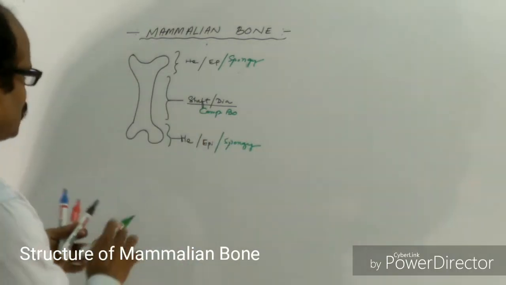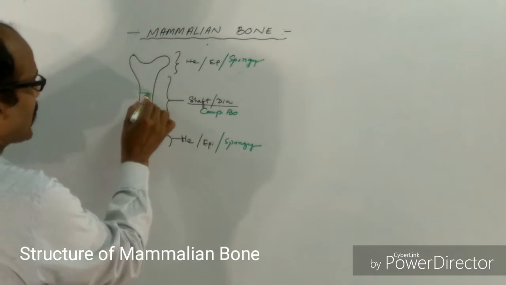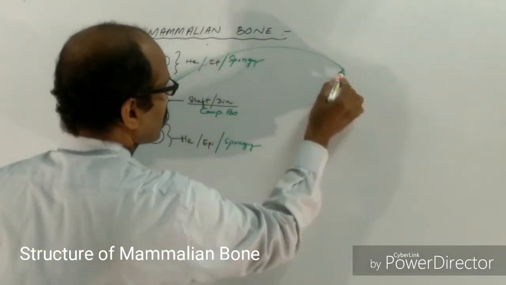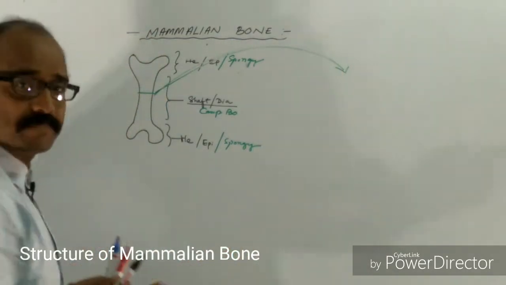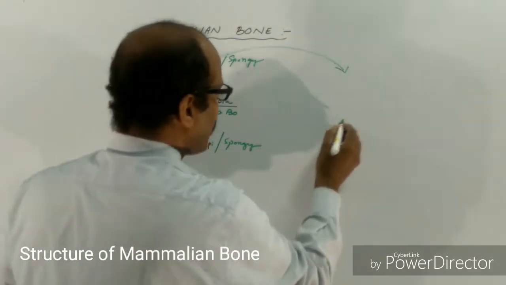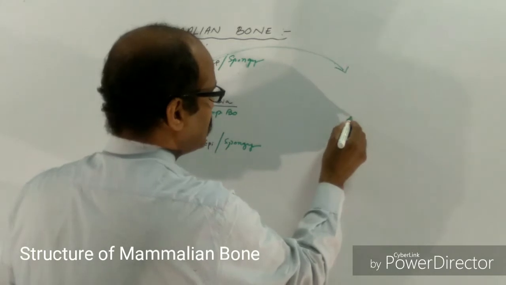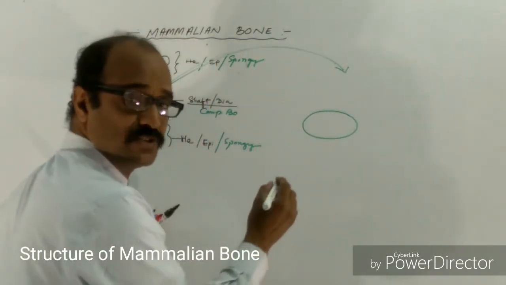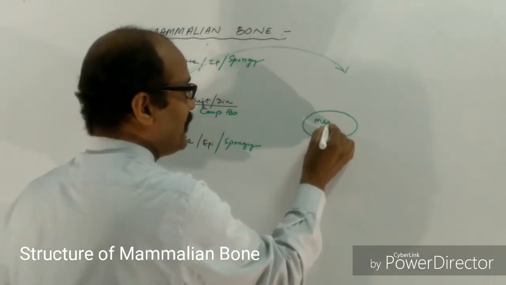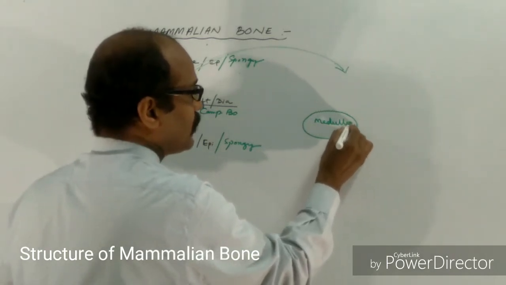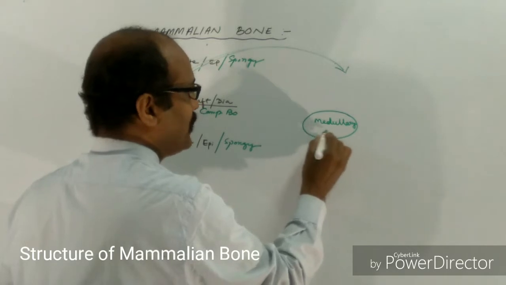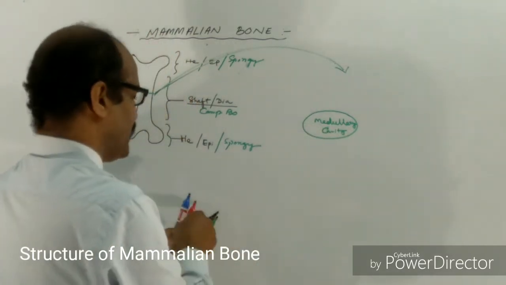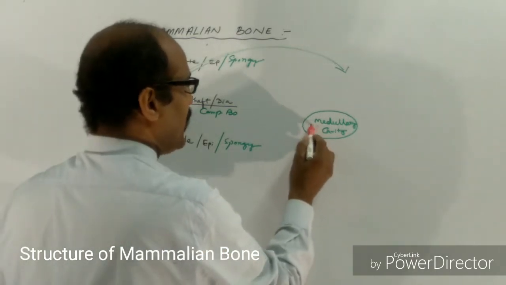If you take the section of such compact bone, then we find that it has a central cavity, which is known as the medullary cavity or bone marrow cavity or marrow cavity, which is filled with the bone marrow, as I told earlier.